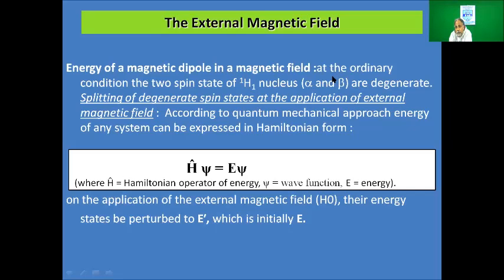Under ordinary conditions, the two spin states, alpha or beta, which we designate as clockwise or anti-clockwise, are degenerate. But once they are placed in the external magnetic field, a splitting occurs, and due to the splitting, their energy perturbation takes place.